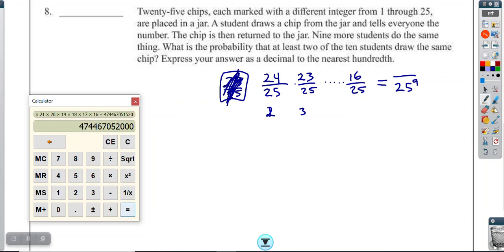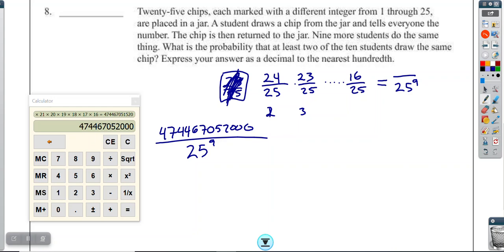All right. Who doesn't love that number? All right. So we have 4, 7, 4, 4, 6, 7, 0, 5, 2, 0, 0, 0. And that's all going to be over 25 to the 9th.